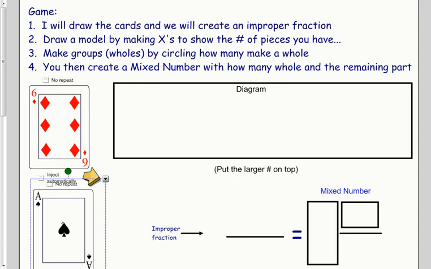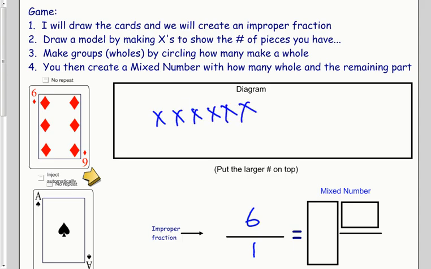So we have a 6 and a 1. So my improper fraction is 6 over 1. My next step is to draw a model. Whatever our numerator is, that's how many x's we're going to write. So 1, 2, 3, 4, 5, and 6. All right, so we want to make groups of whatever our denominator is because that's going to make one whole.